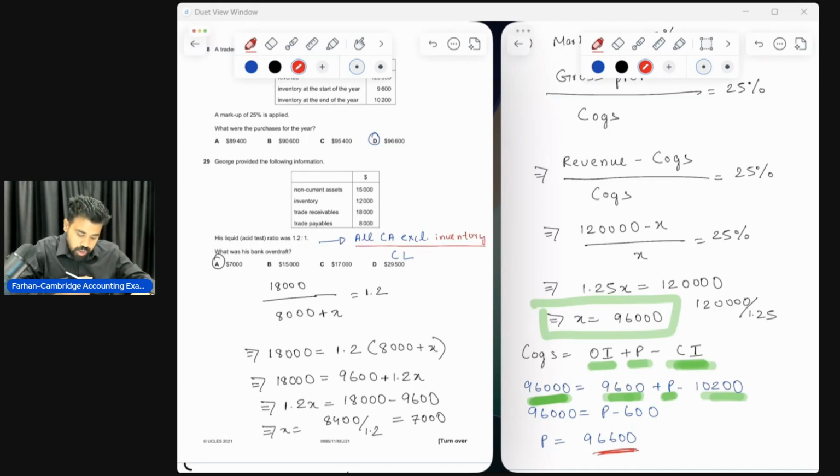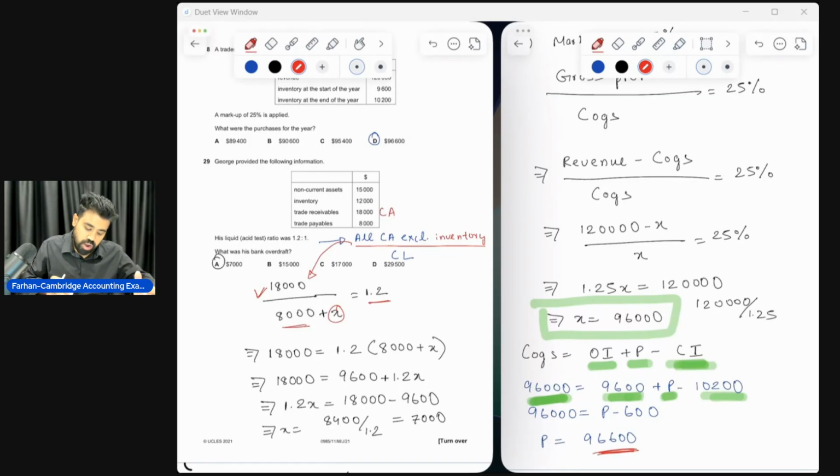Now, all current assets excluding inventory would be only the trade receivables. That is $80,000, which is what we have input here. And all current liabilities, there are trade payables of 8,000 and the bank overdraft, which we have assumed to be X, that we look forward to derive. This must equal 1.2, which is the acid test ratio.